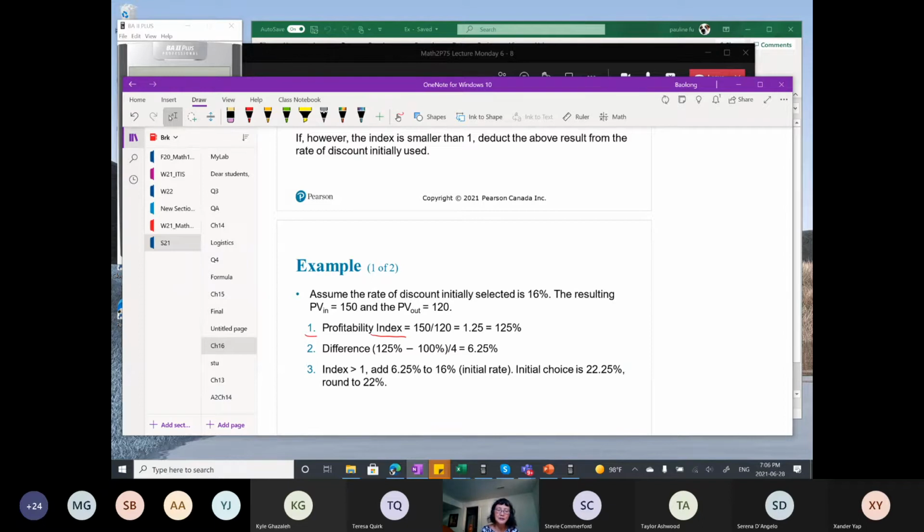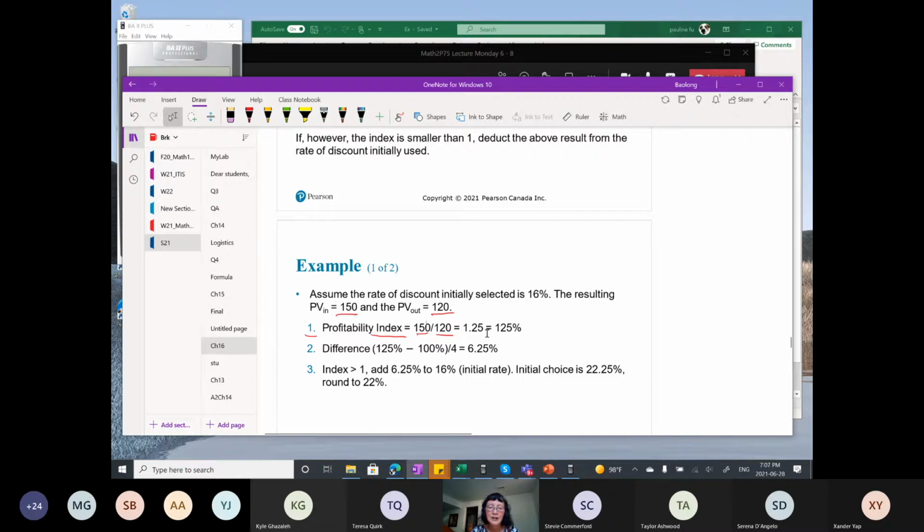Remember what is profitability index? It is money in over money out. So money in is 150, money out 120. Any questions?